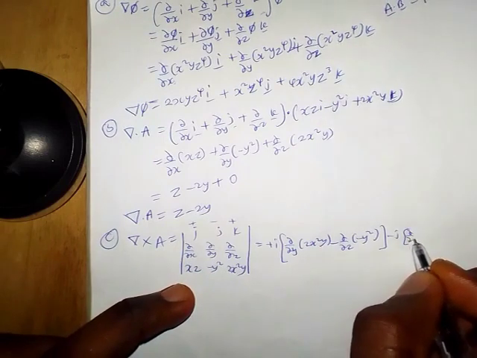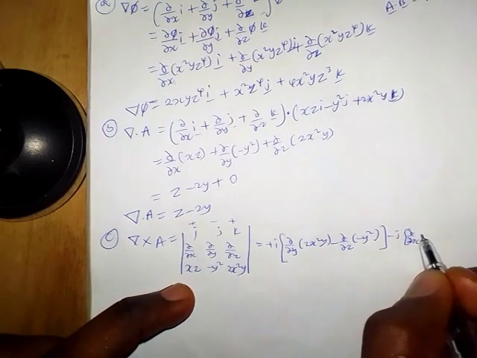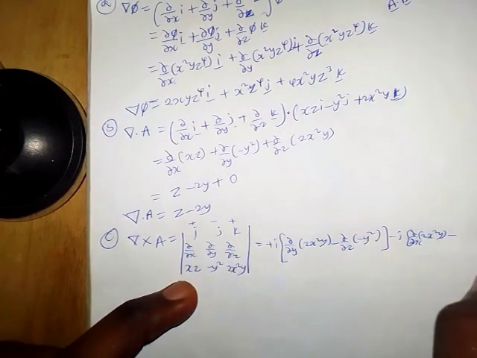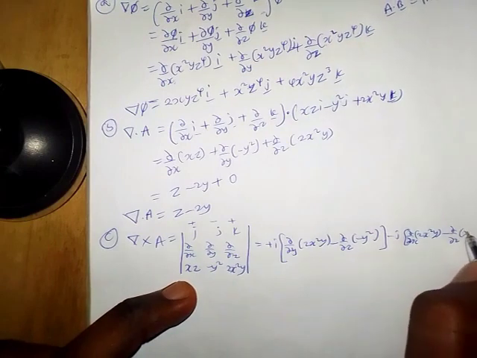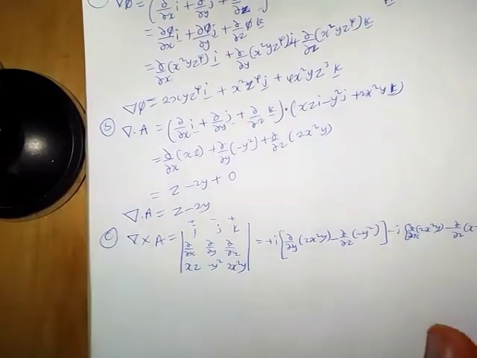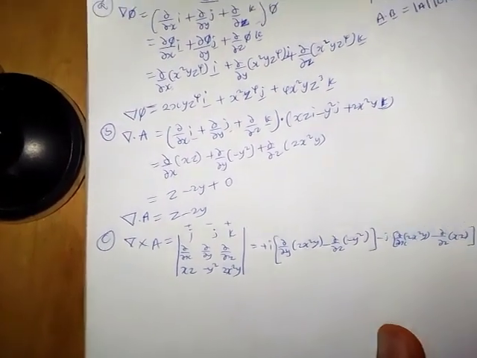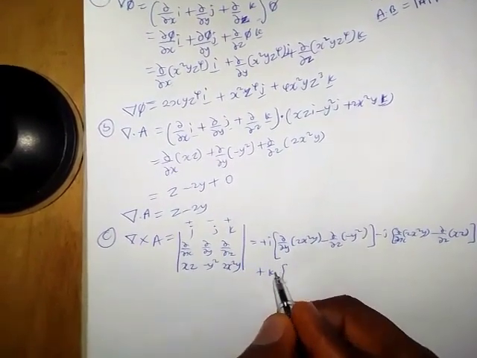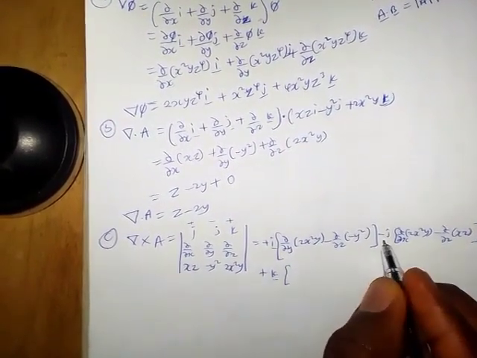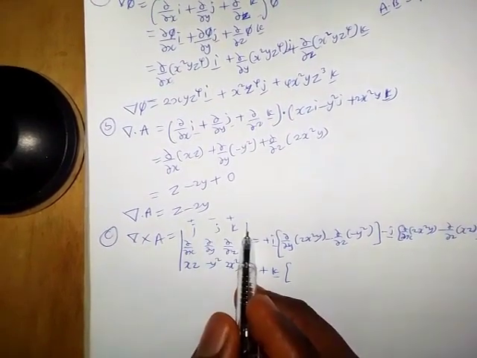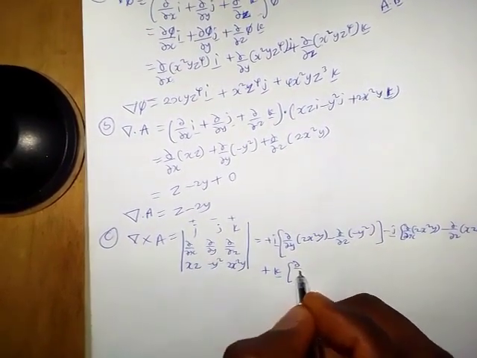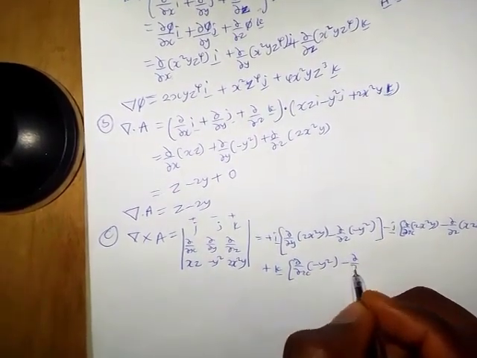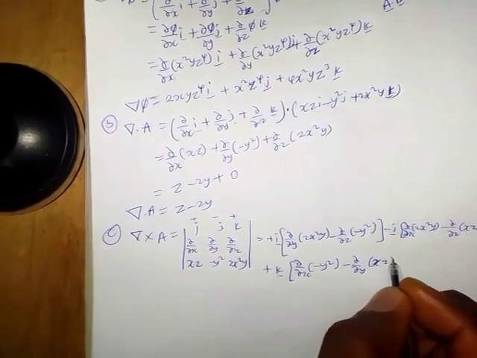We have partial x of 2x squared y minus partial z of xz. Now plus k: we fix the first row and the third column. We obtain partial x of minus y squared minus partial y of xz.